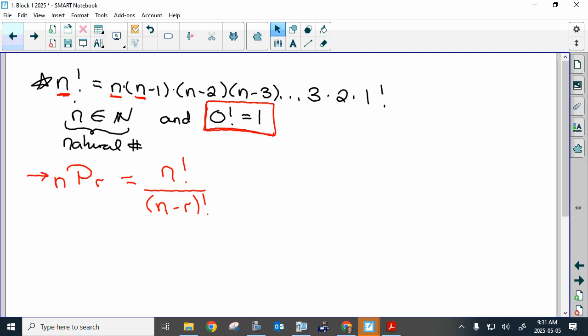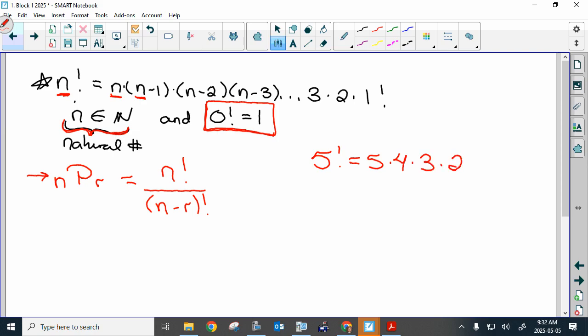When you look at your formula sheet, this is the last section of formulas. This is your n is an element of the natural numbers. You're not going to put -7 factorial. That's not a thing. It's a descending product of natural numbers all the way down to 1. So if I say 5 factorial, this would be 5 times 4 times 3 times 2 times 1.